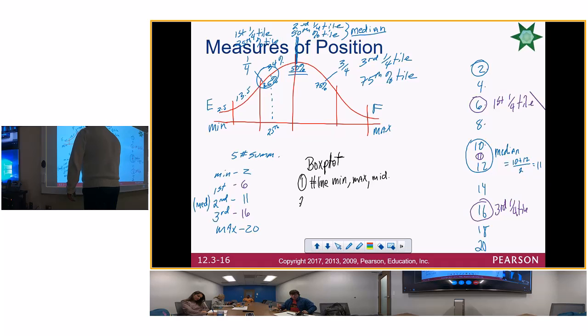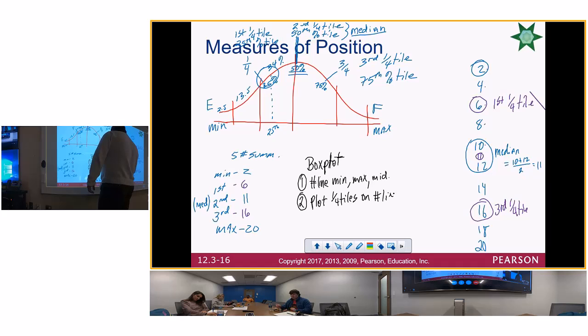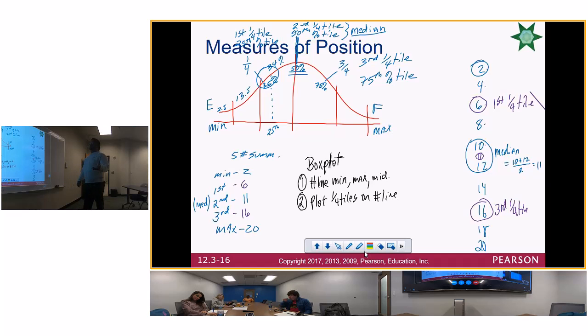And then the second thing, you plot the quartiles on the number line. That's it. So we need a midpoint.